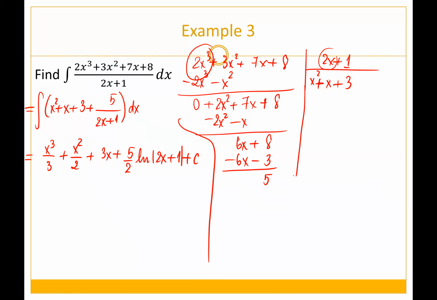But the general idea is the same: we divide the higher power polynomial by the smaller power polynomial so that we get the rational fraction into the proper form, where the numerator has a smaller highest power compared to the denominator. And so that's example 3.